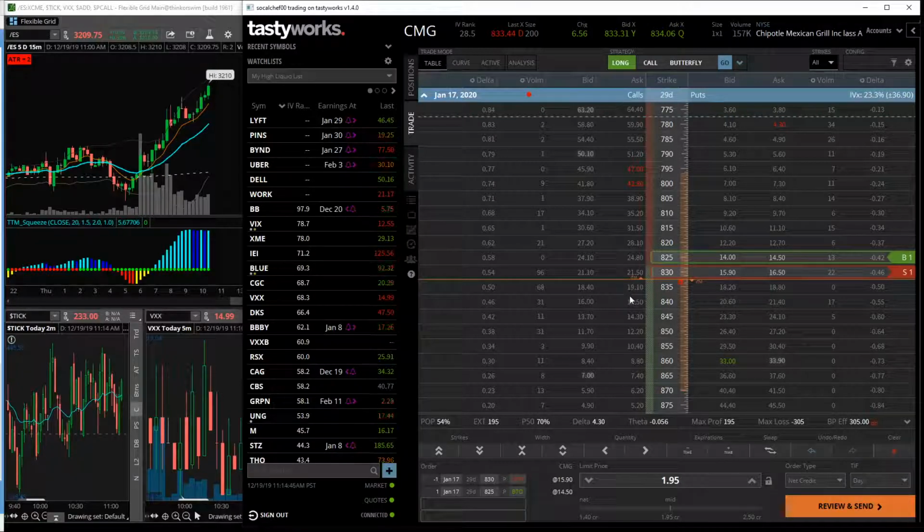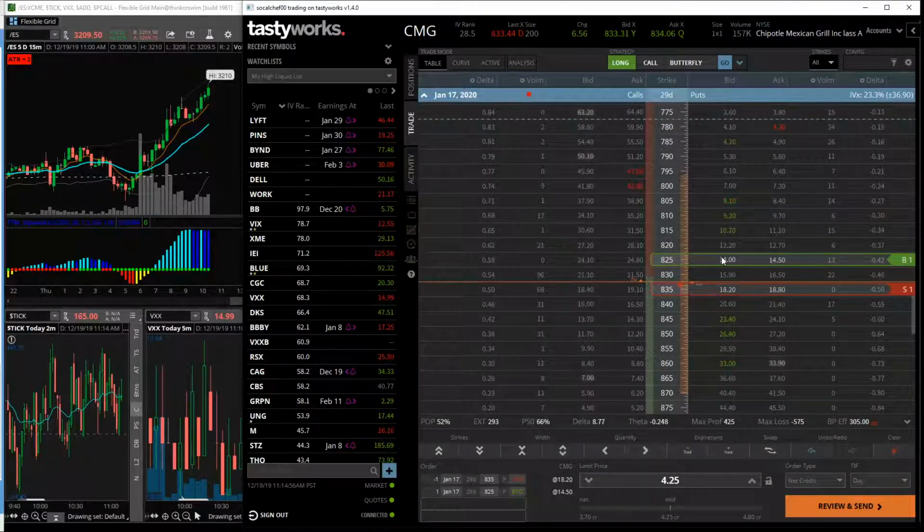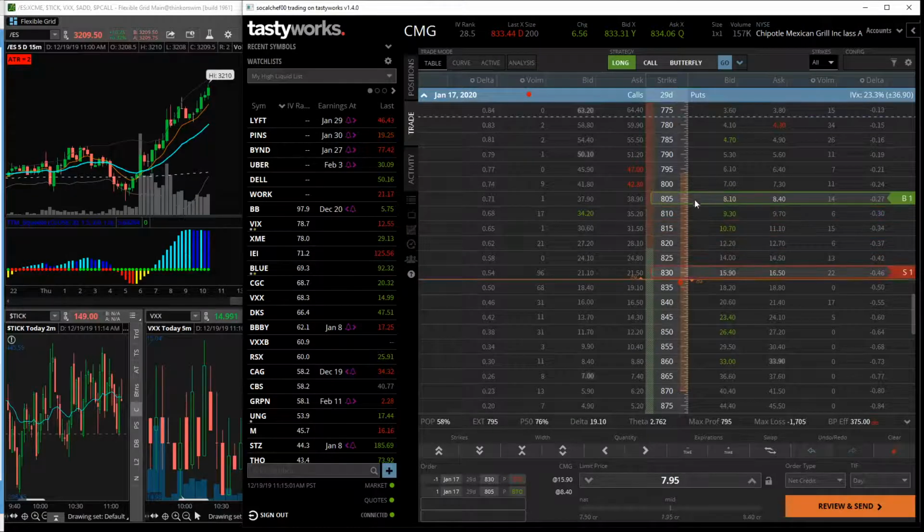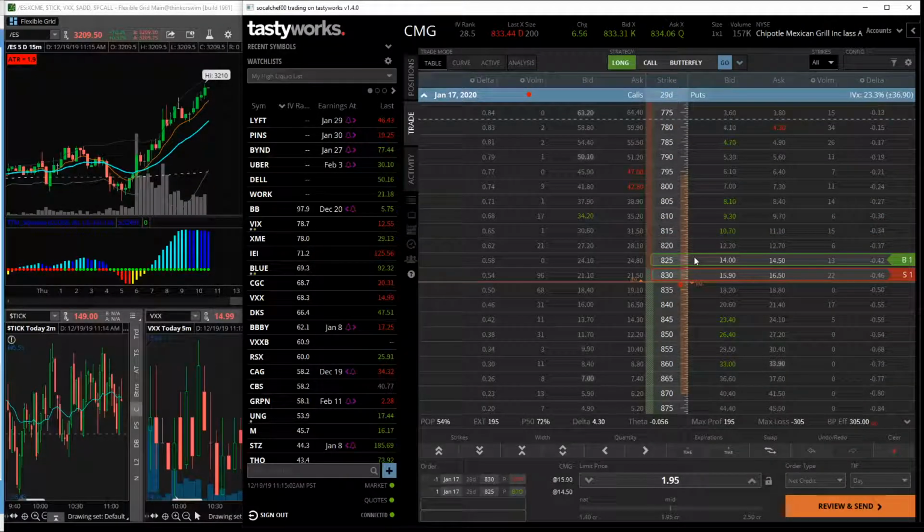So you need a directional move more, because you're at the money. You're not going to decay as fast as if you were out here, so your profit potential will need a directional move. If you did a CMG at the money spread, you're going to get $2, a heck of a lot better than $1.25 or $1.30.